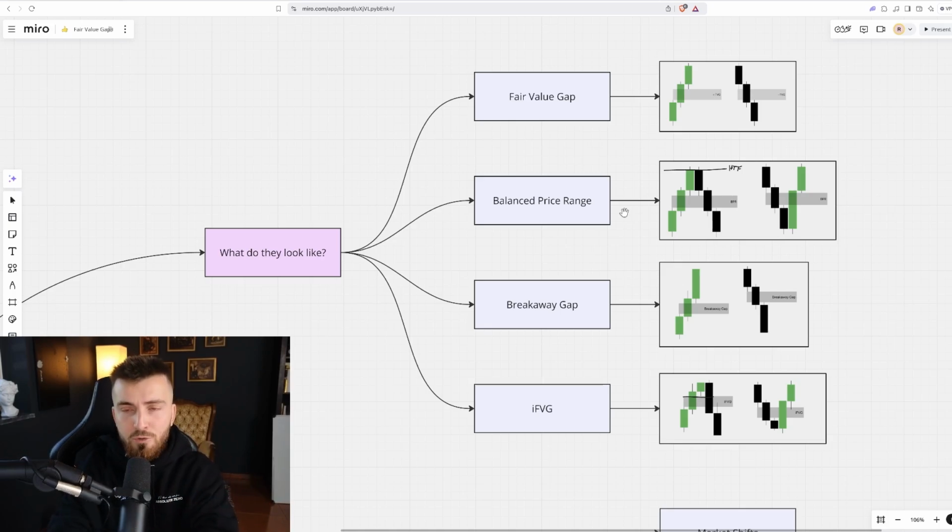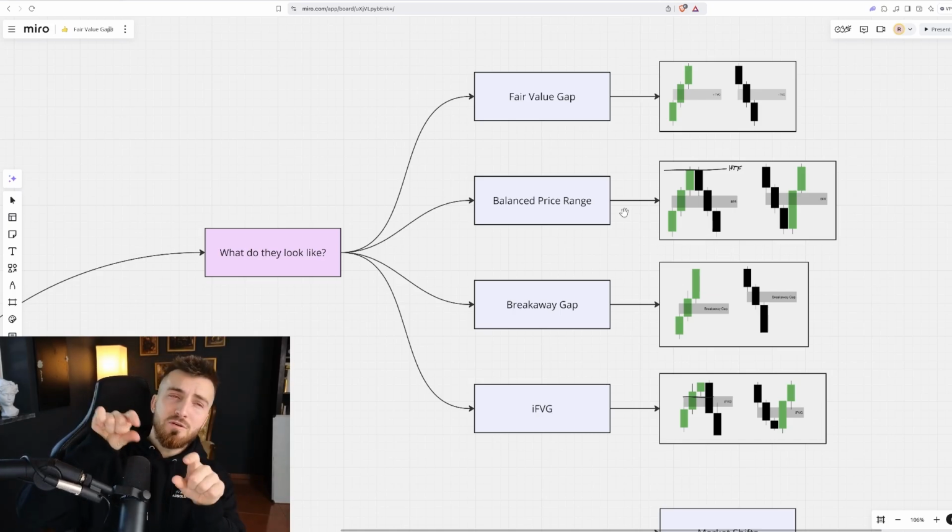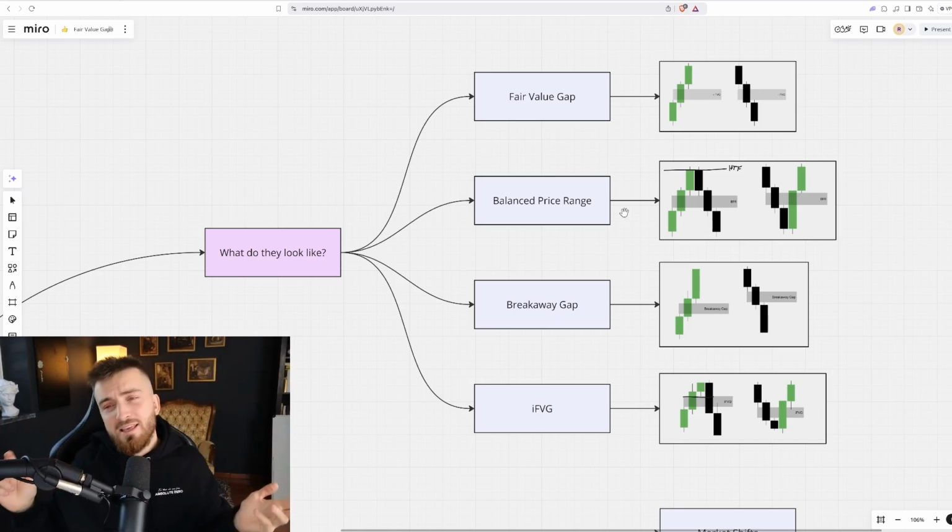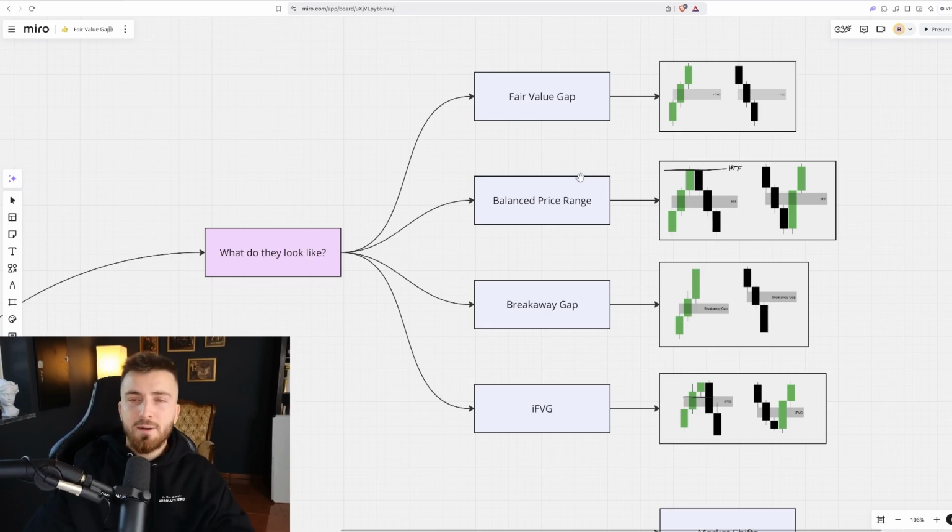So I'm going to tell you the different types of fair value gaps that we have, but I don't want you to overcomplicate it, because most of them are just fair value gaps with an added thing on top of it. It's not too important, right? But I want to tell you the most important ones.